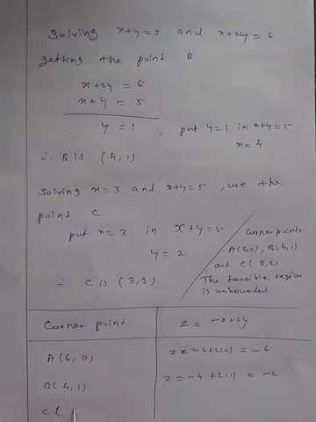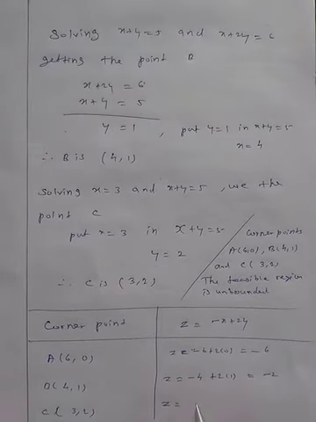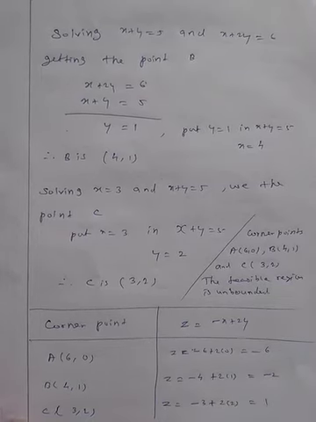At C (3, 2), z is equal to minus 3 plus 2 into 2, which is 1.